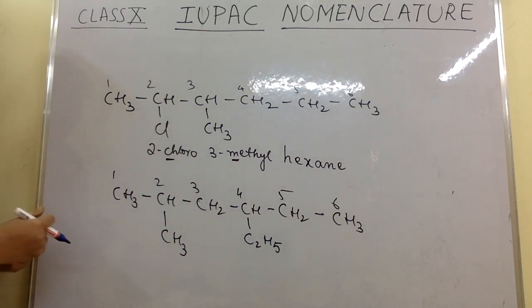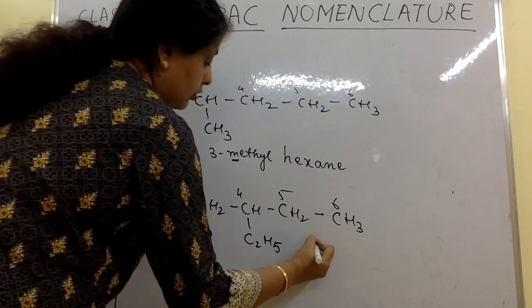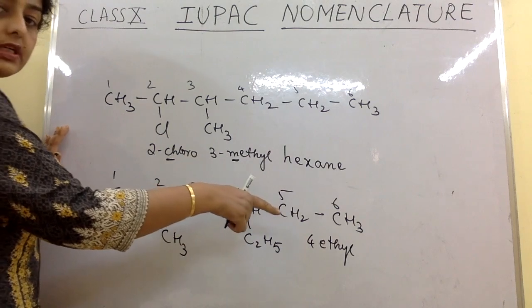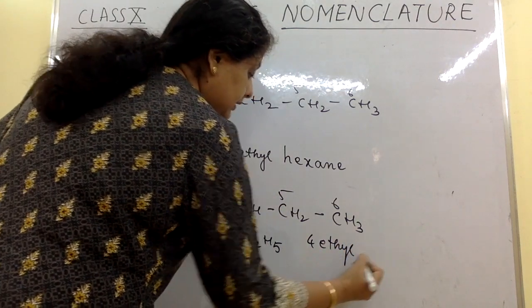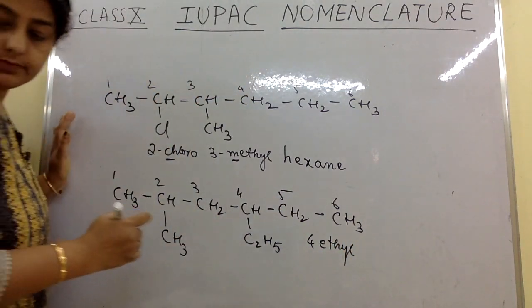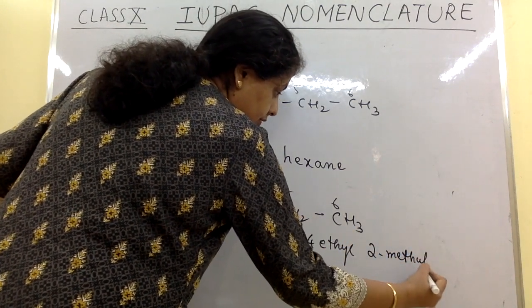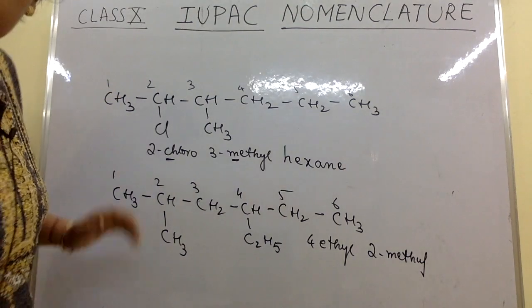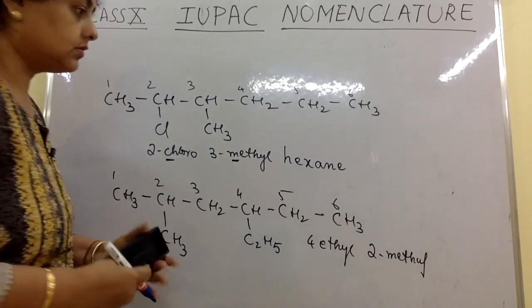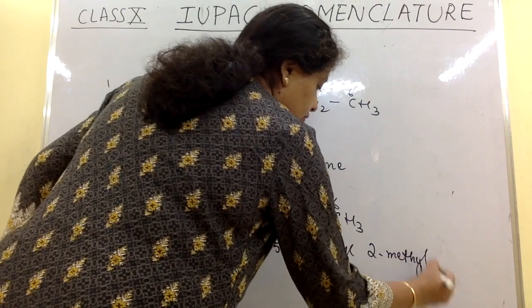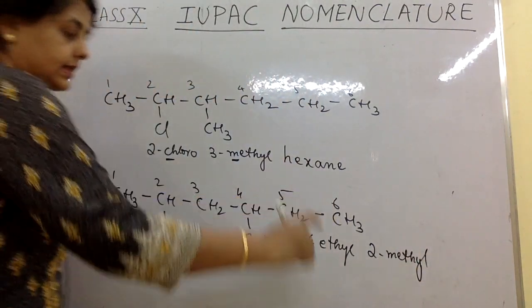We will write 4-ethyl, even though this number is bigger, because of E of ethyl, and then 2-methyl hexane.